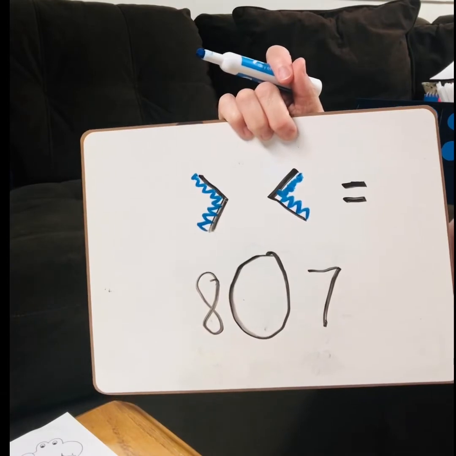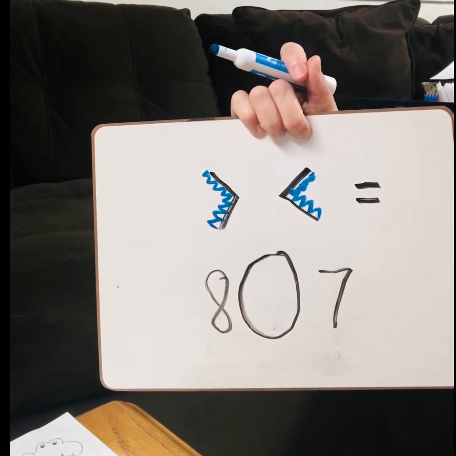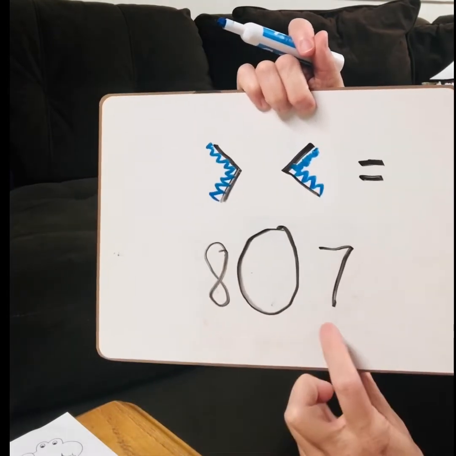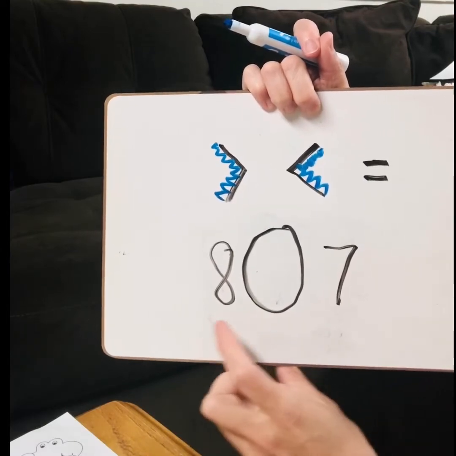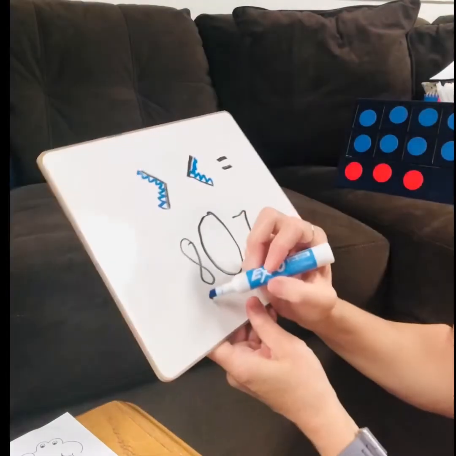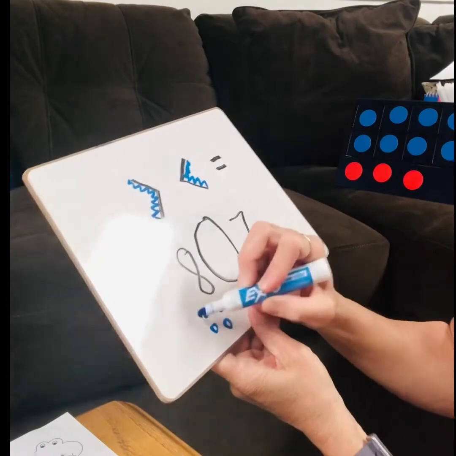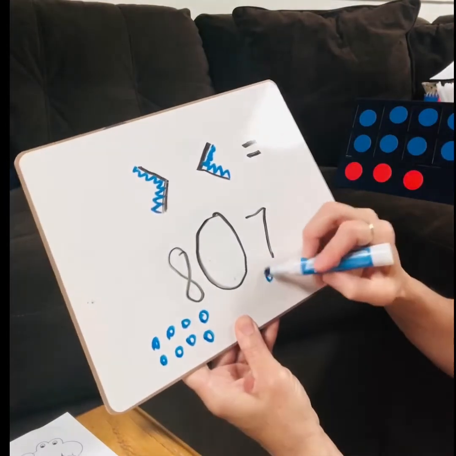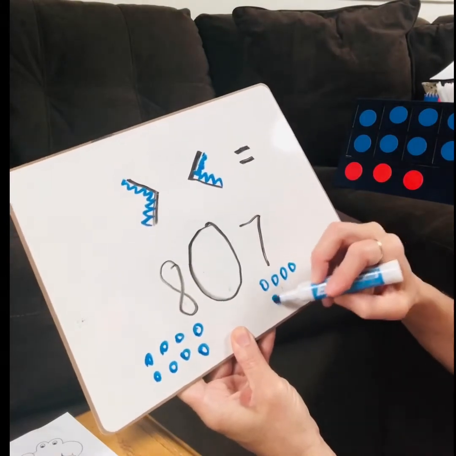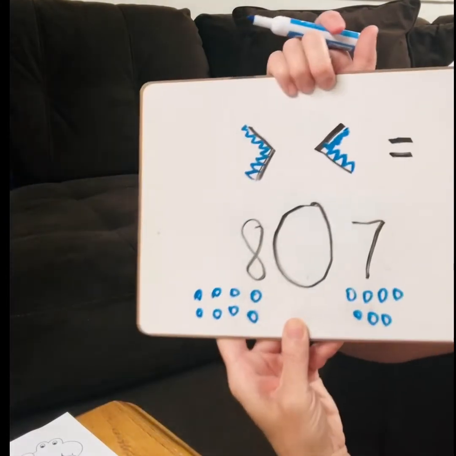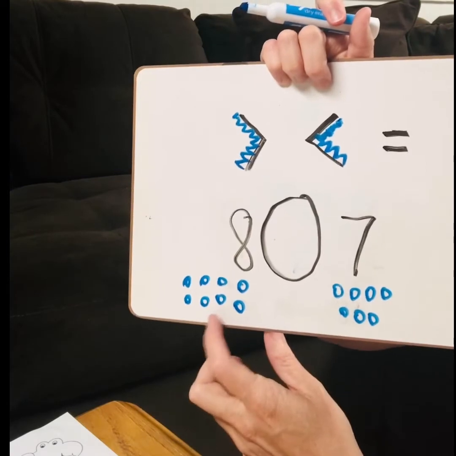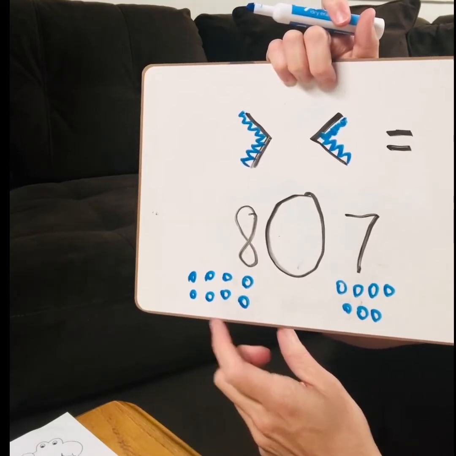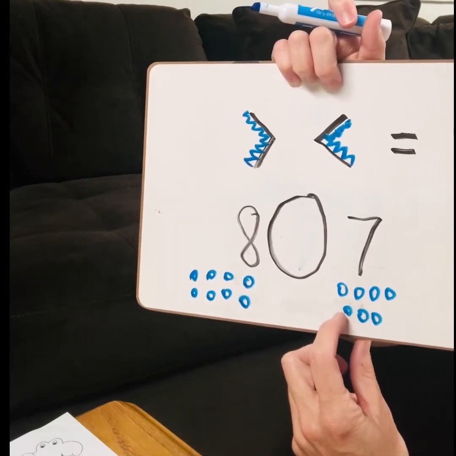Which one do you think we should use? 8 and 7. Think of 8 things. 1, 2, 3, 4, 5, 6, 7, 8. And think of 7. 1, 2, 3, 4, 5, 6, 7. Ooh, this one has more circles than this one.